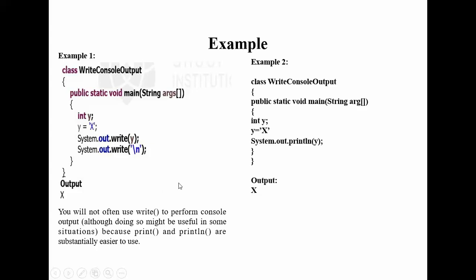You will often use write to perform console output, but it is not regularly used in Java programming, only in some special cases. Mostly we use the print and println statements in Java.